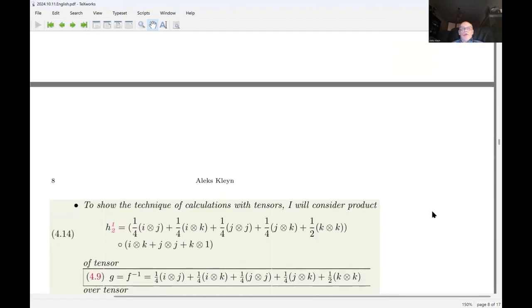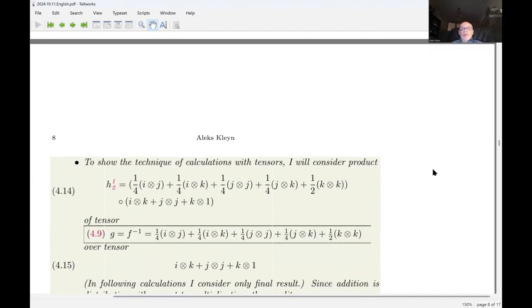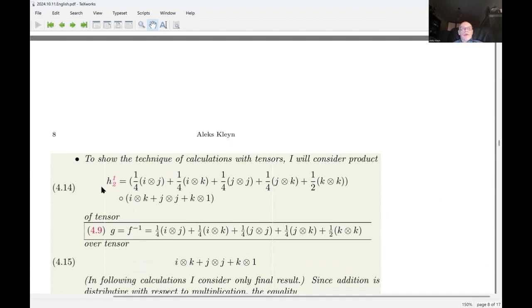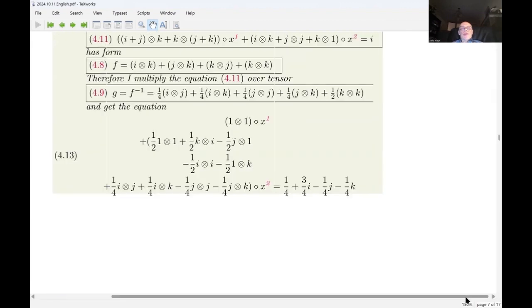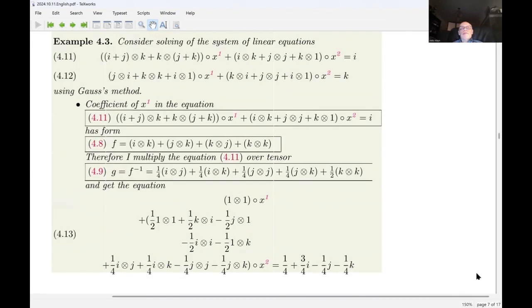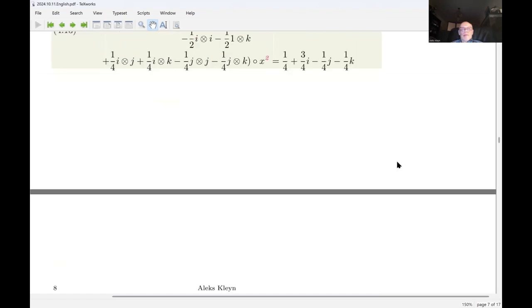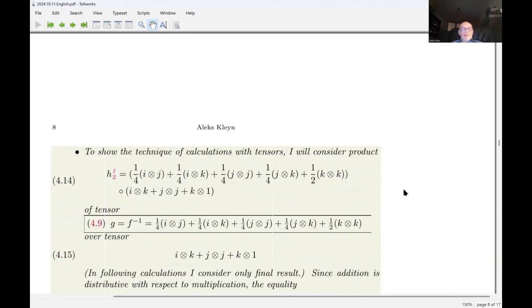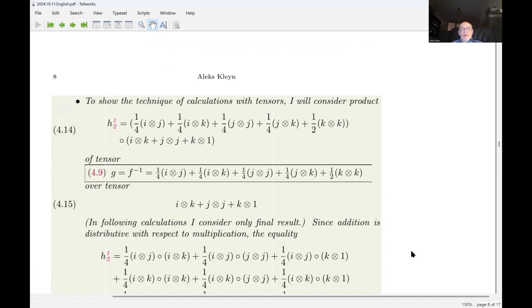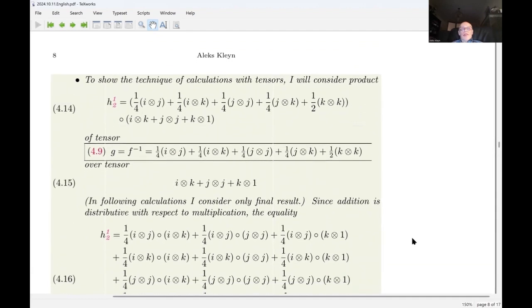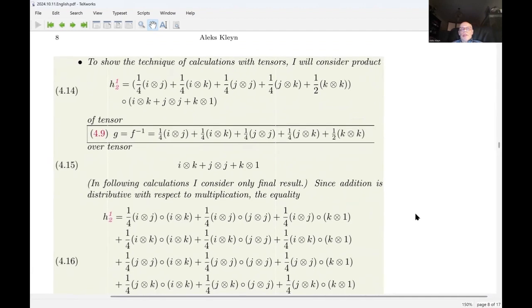To show the technique of calculation with tensors, I will consider the product 4.14 of tensor 4.9 and tensor 4.15, which is the second coefficient in our system. In the following calculation, I consider only the final result.